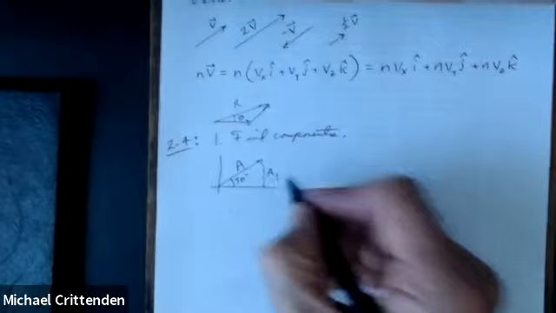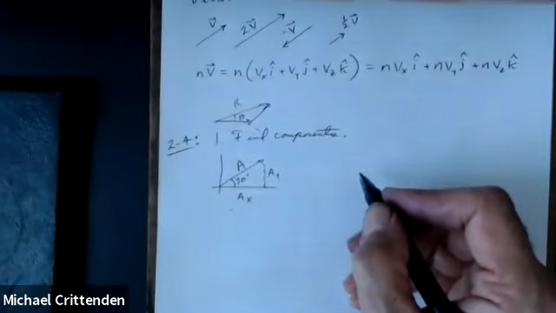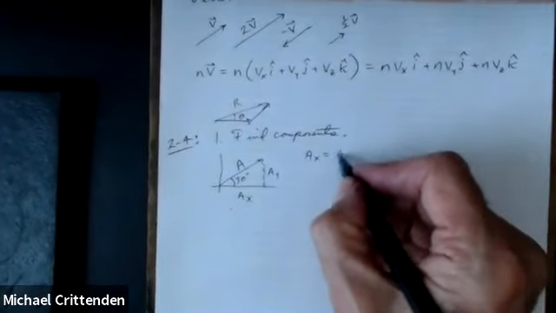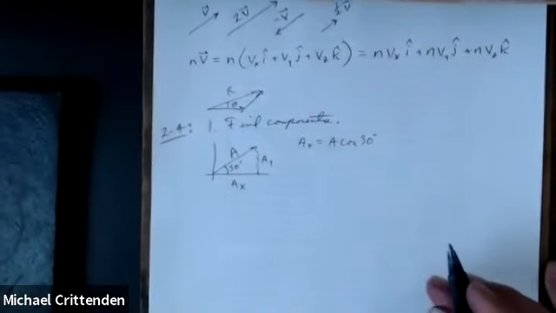It has components that I'll call AY and AX. And as we saw in that earlier example, AX is equal to A cosine of 30 degrees. Hypotenuse times cosine is the adjacent side.